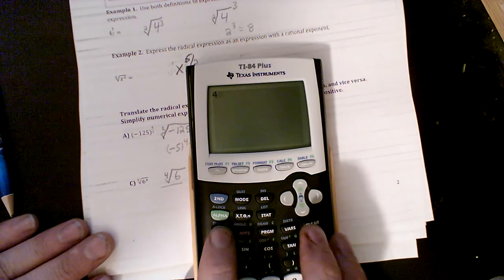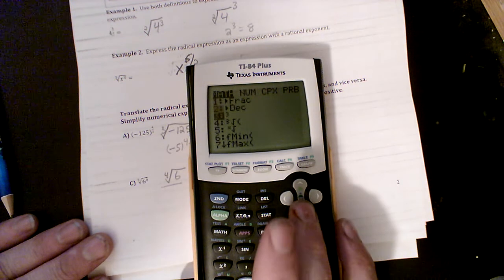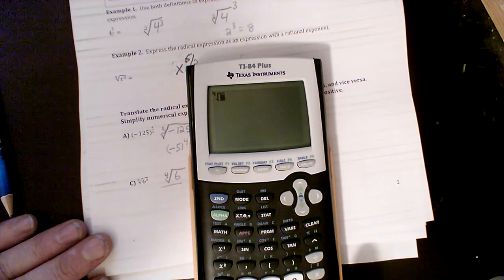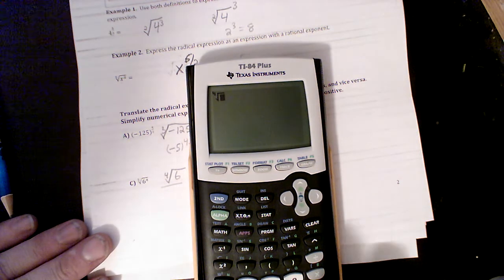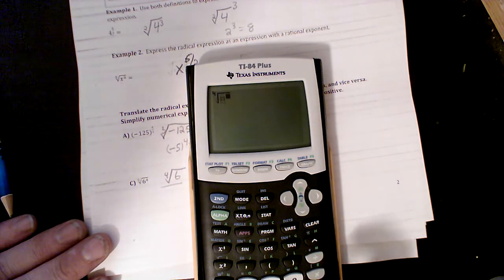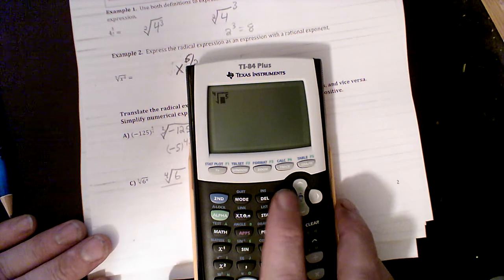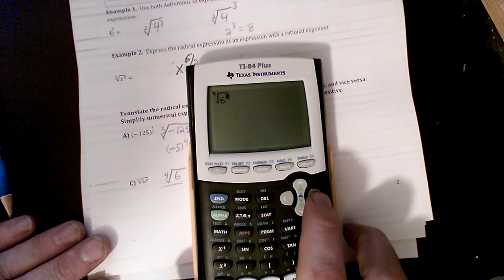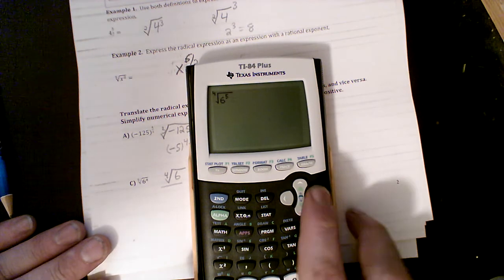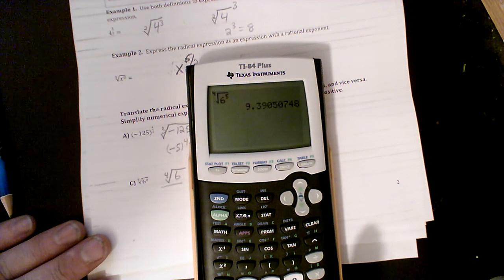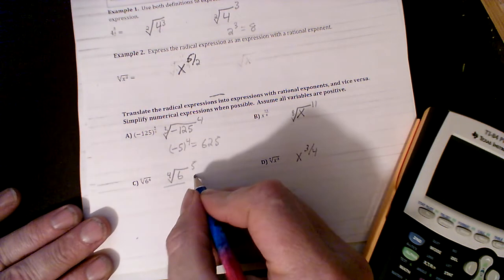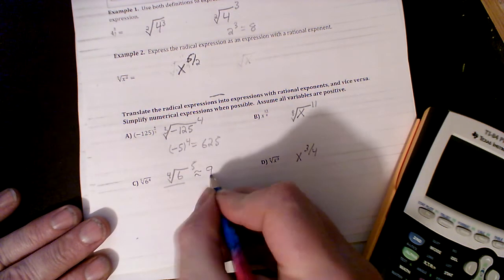Then I can hit math, and right down here, it'll let you use that 4 as your root. Uh-oh, I never put my 6 in there, did I? There's my 6. Raised to the 5th power. And if you get that, it should give you an answer, which is roughly 9.4. I'm going to write that in. This is approximately 9.4.